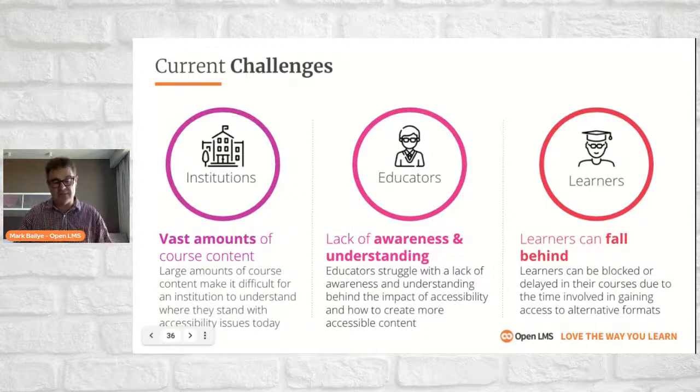How do they do that at scale, particularly as we see from COVID, there's a lot of content being rapidly developed and going online. How do we get on top of that? How do we make sure we all have the correct understanding in terms of meeting the needs of accessibility?